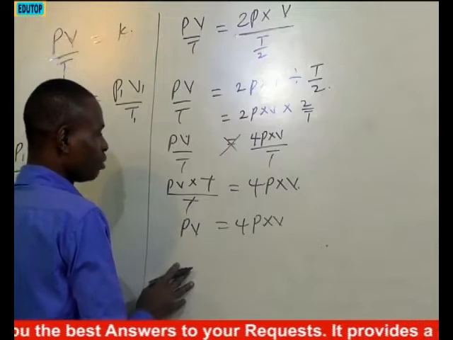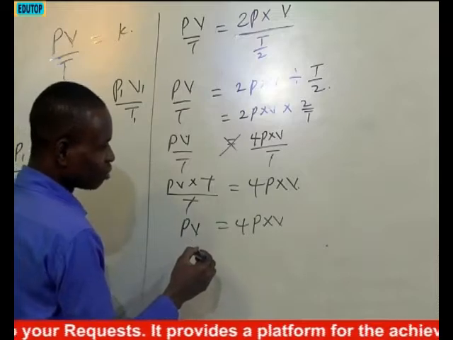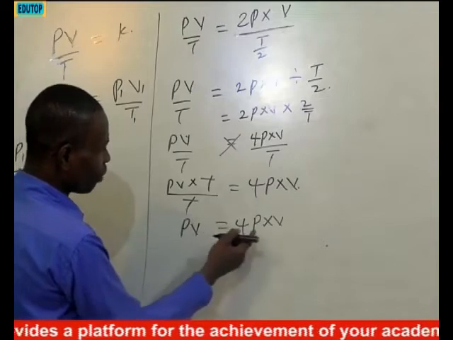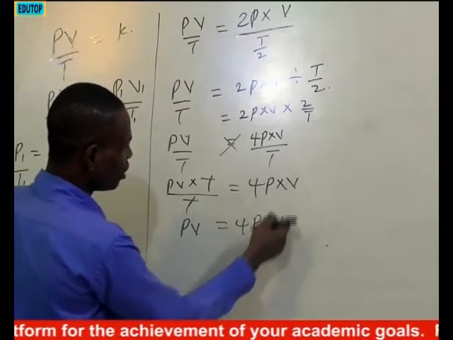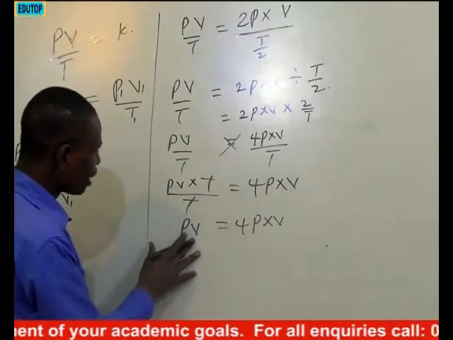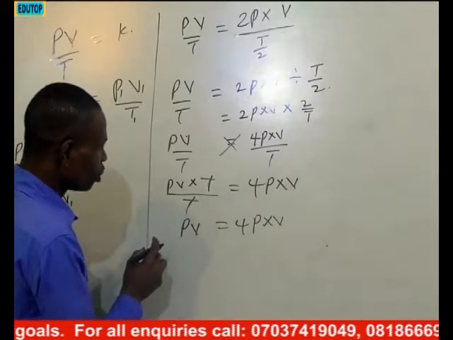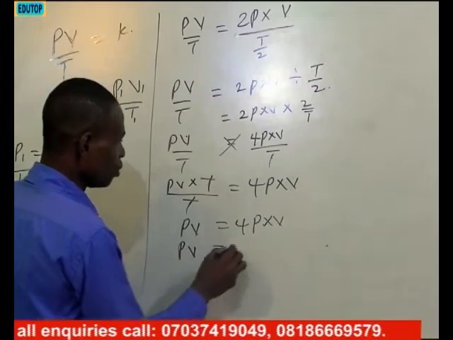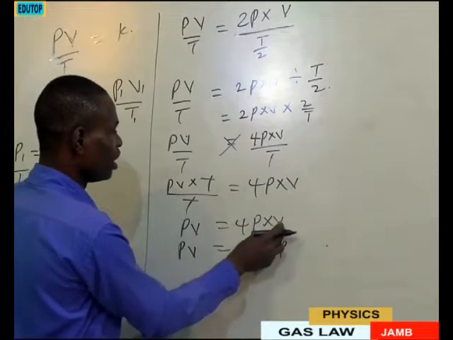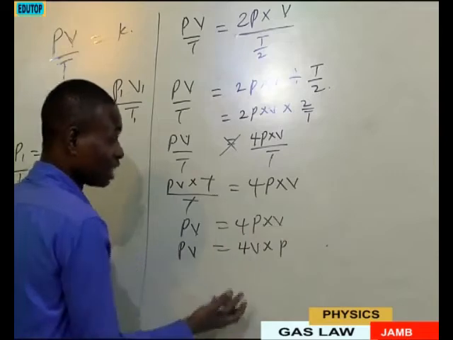So from here now, we can take the whole of this. If you're having PV here, this has cancelled this. We have 4P times V here. Okay? So we are going to get it in terms of volume. And in terms of volume, what are we going to do? This can be as simple as this, we are going to have 4V times P. Whether you say 4V times P or 4P times V, it's still the same because they are all connected together with a multiplication sign.